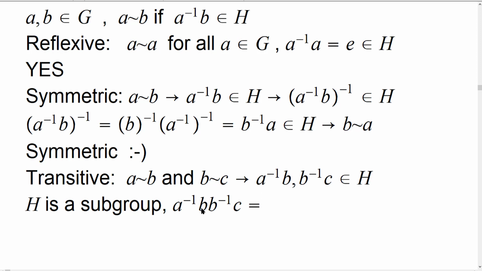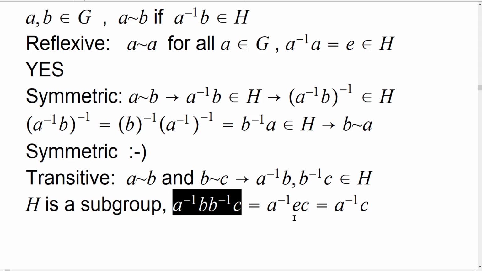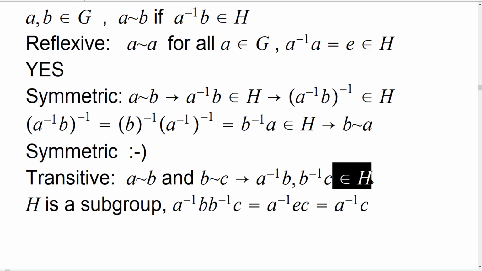So this B B inverse will simply become the identity. Let me write that down, even though by now it should have become quite trivial for you, I hope. And E C is C. So this is A inverse C. Notice this, being the product of two elements in H, has to be in H. So A inverse C is in H.